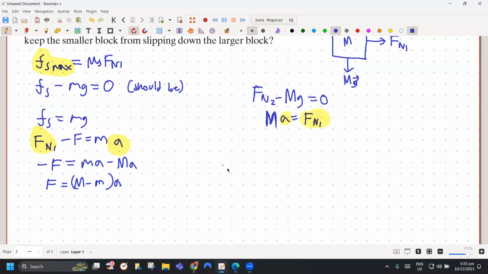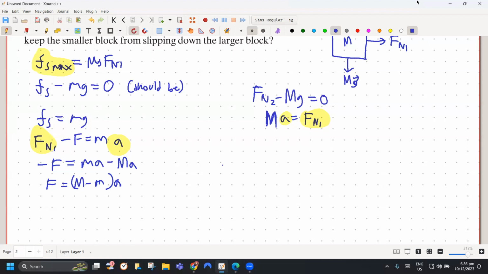Yung MA equals F, yung big MA equals Fn1. Tama siya kasi Fn1 acting on big M is to the right. So mass times A, the component of acceleration is equal to a positive normal force.